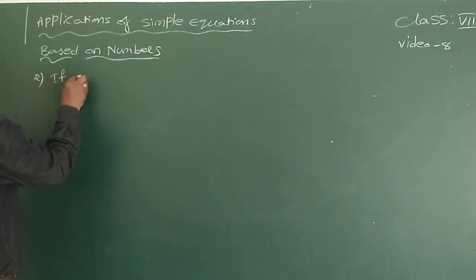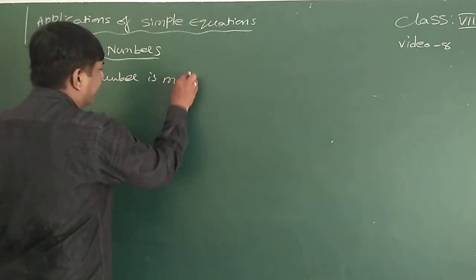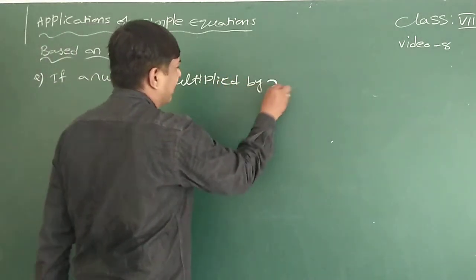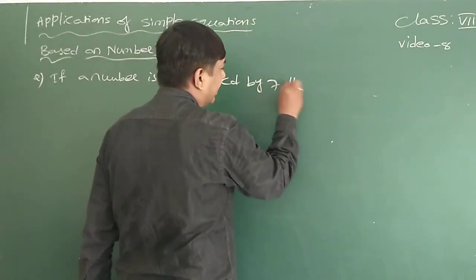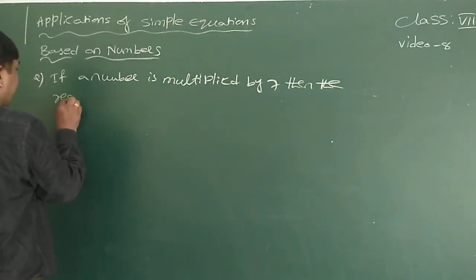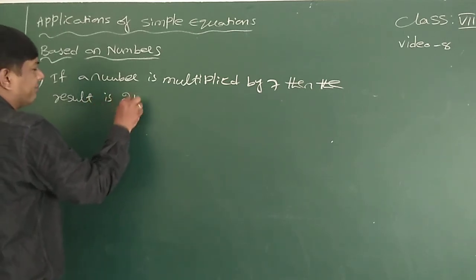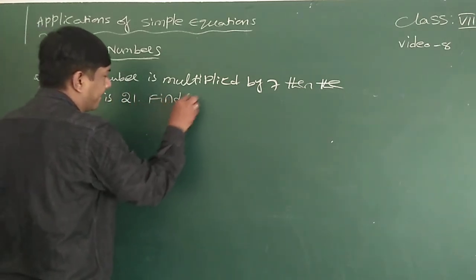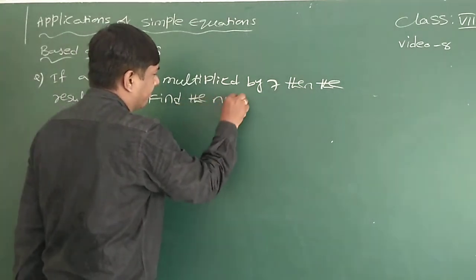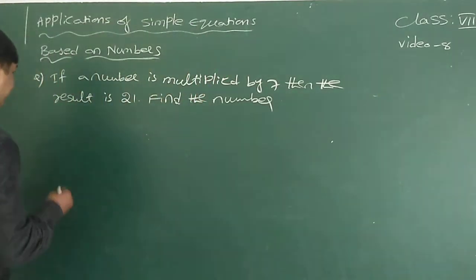If a number is multiplied by 7, then the result is 21. Find the number.